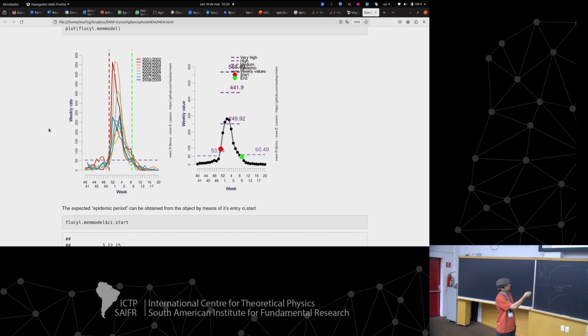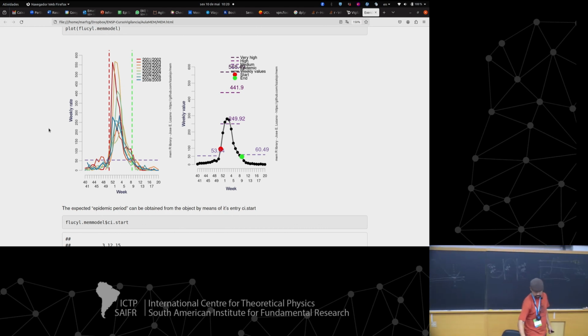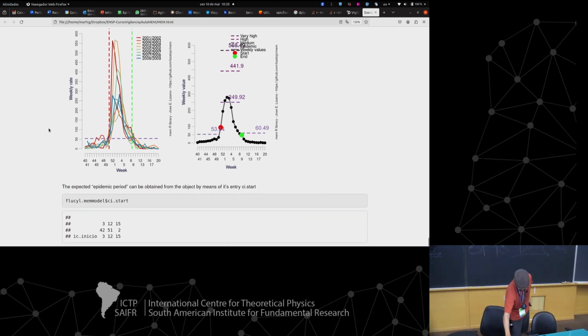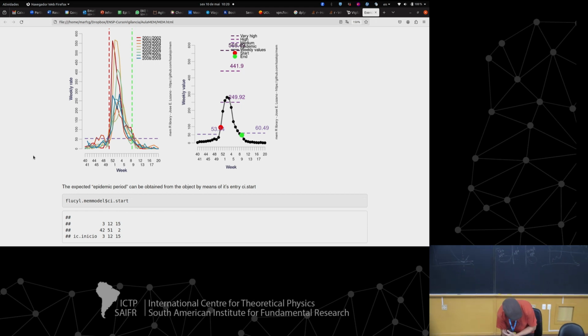With all the thresholds, the pre-epidemic thresholds with its value, post-epidemic, the medium, high, and very high activity thresholds, okay? And you can extract several of those pieces of information in your object.